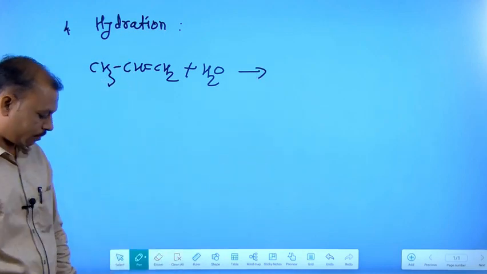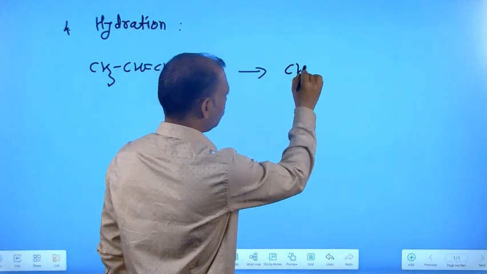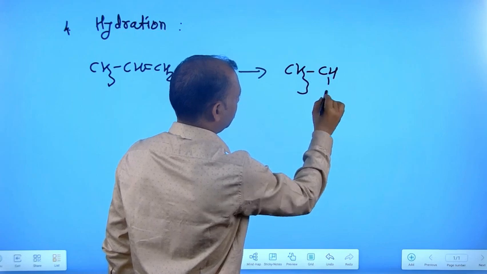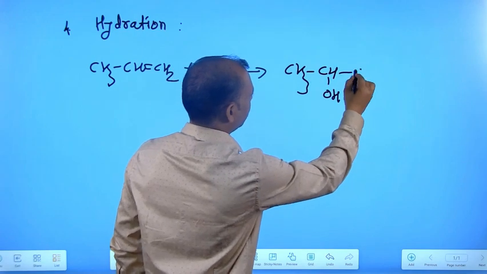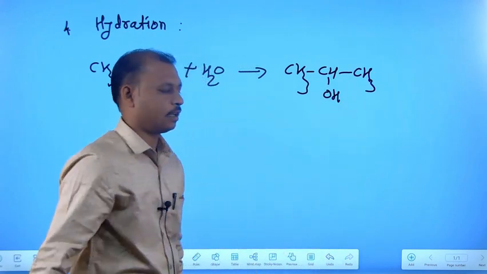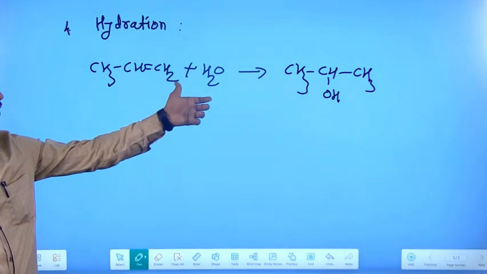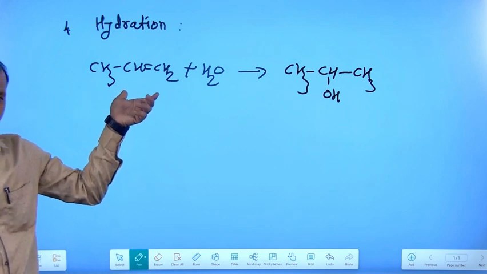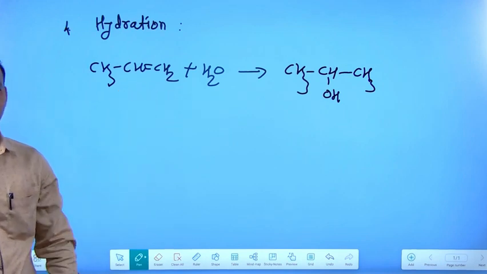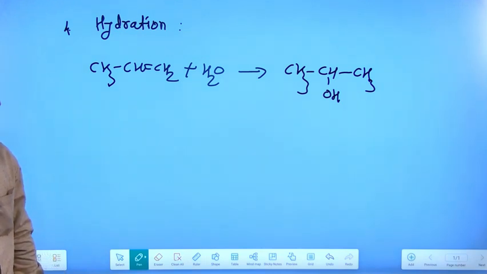So here we get 2-propanol, 2-hydroxypropane, as an addition product, because the hydrogen and OH are added across the carbon-carbon double bond. Therefore, such reactions are called hydration reactions.